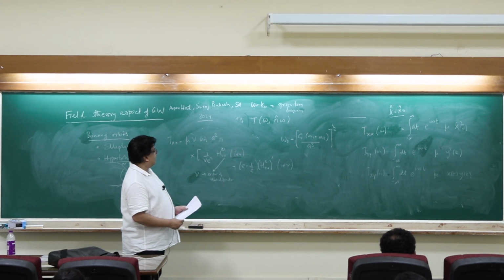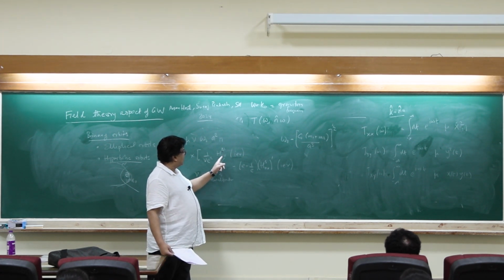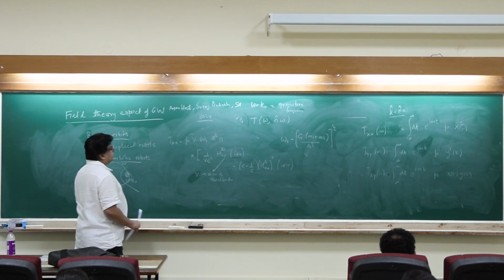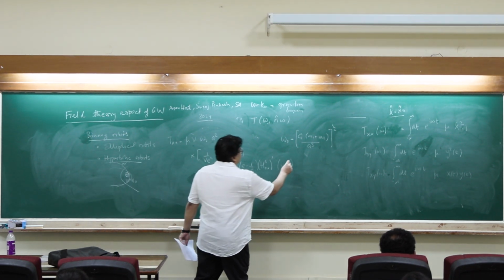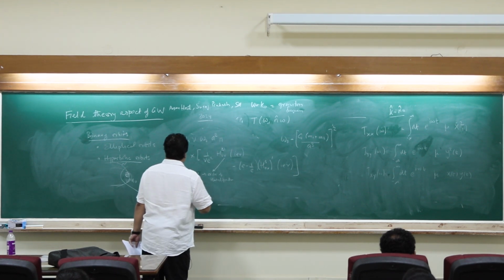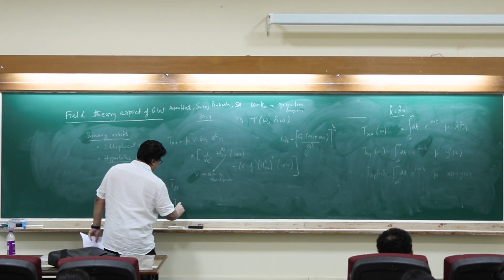There are two Hankel functions, kind 1 and kind 2, and this is the order of them. Okay, so this turns out that, and similarly for Tyy and Txy.